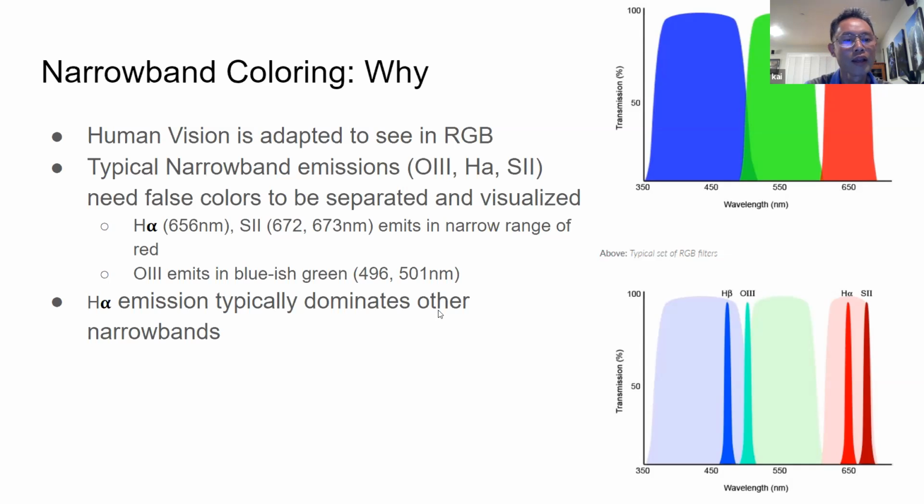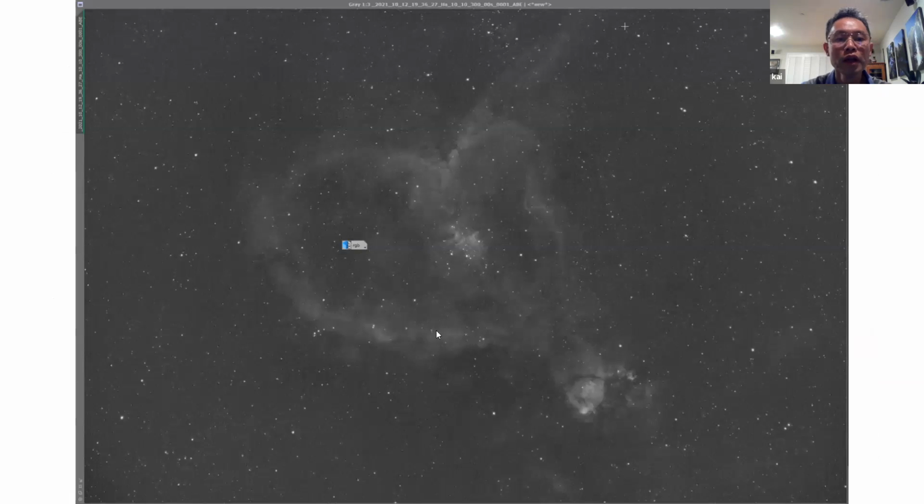The other thing I want to highlight is that H alpha emission is typically very strong compared to others. Let me give some examples. These are some screenshots of an image I took of the H alpha of the Heart Nebula. This is H alpha.